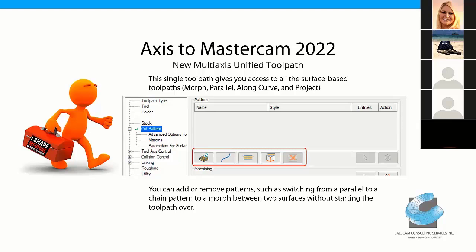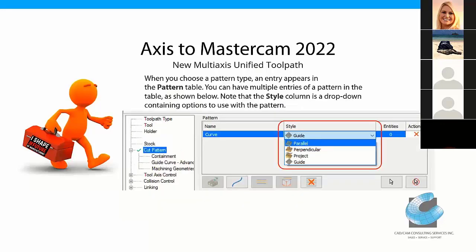The advantage to this is I can add or remove patterns. I can switch from parallel to a chain pattern, to morph between surfaces, morph between curves, do a parallel, do a waterline, all without having to start over. And that is a huge enhancement, as you're going to see when I go through this.